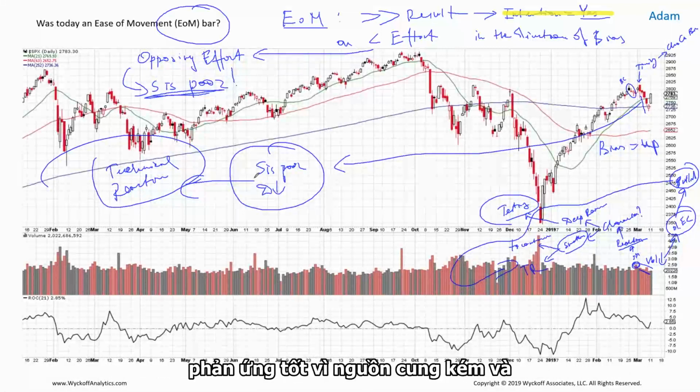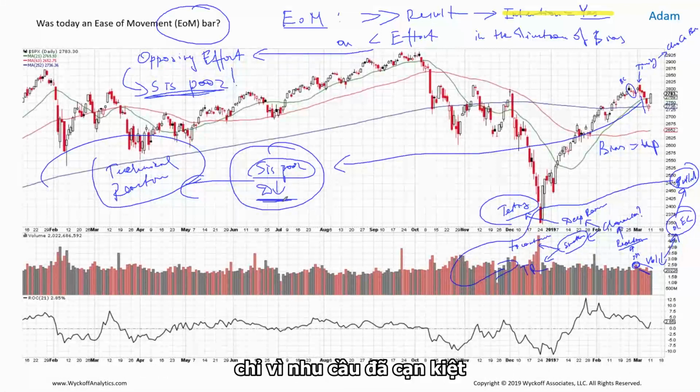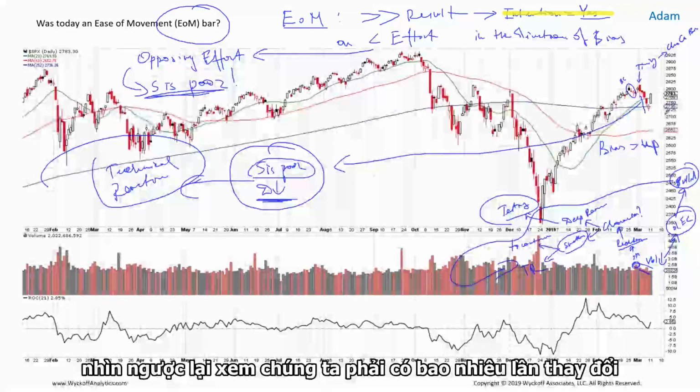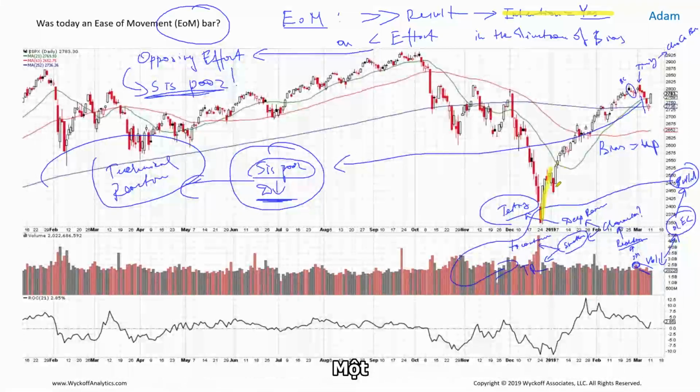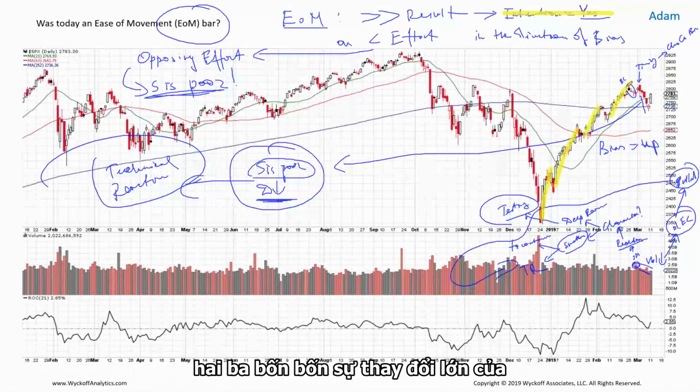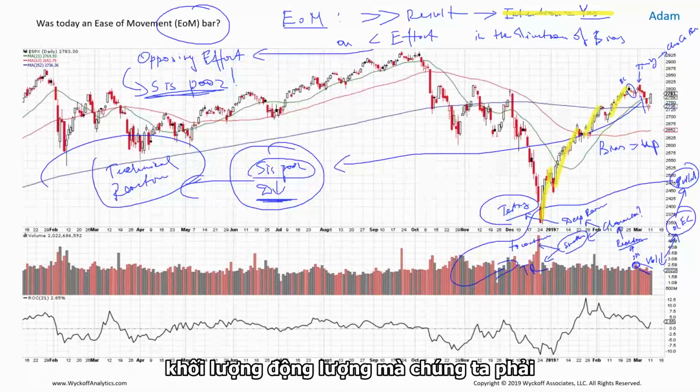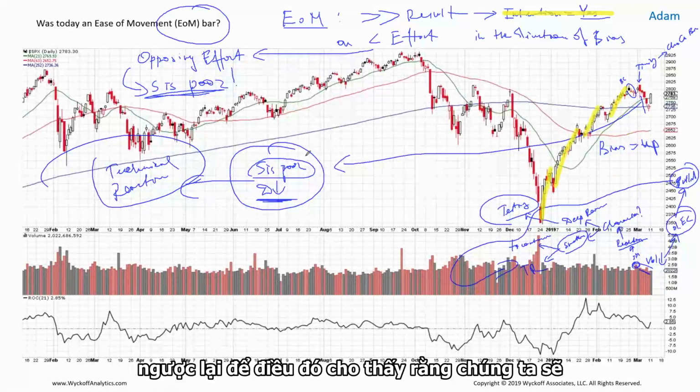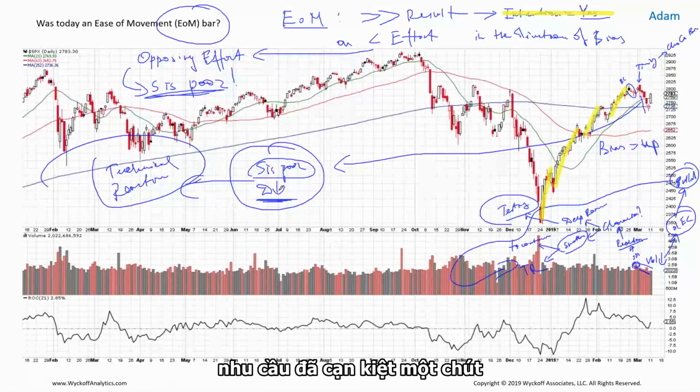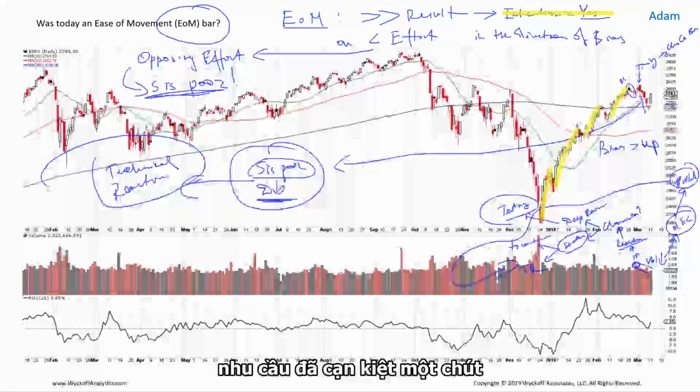Well, because supply is poor, and only because demand has been exhausted with all of this momentum moves to the upside. Look at how many swings we had to the upside. 1, 2, 3, 4. Four big swings of momentum buying that we had to the upside. So that suggests that we're going to have some kind of reaction just because demand has been exhausted a little bit.